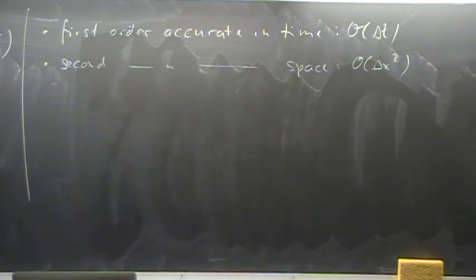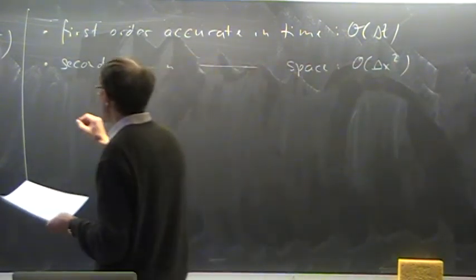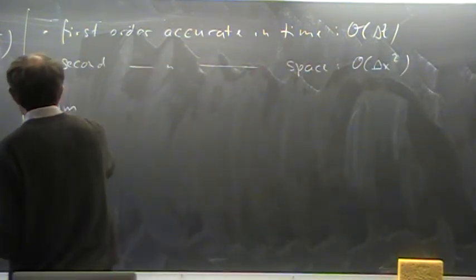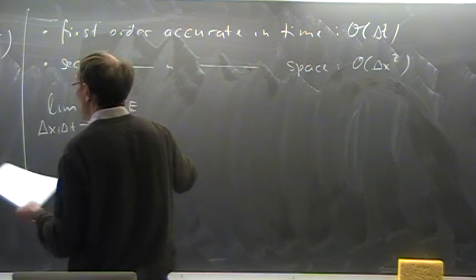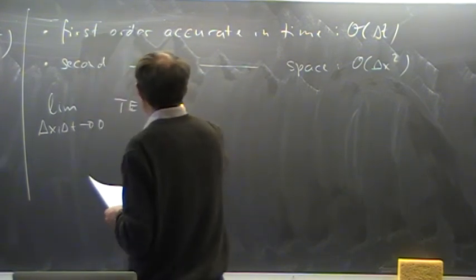So then, but from this, the important thing is when we have this, the truncation error will go to 0 as we refine. So that means the limit delta x, delta t to 0 of the truncation error is 0.